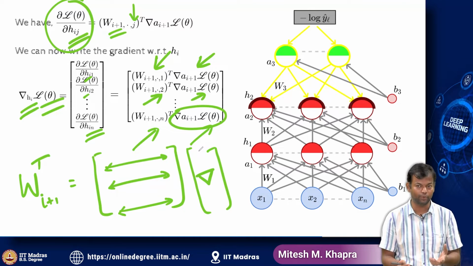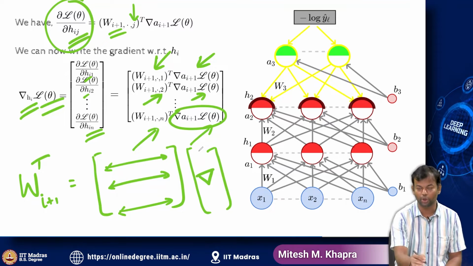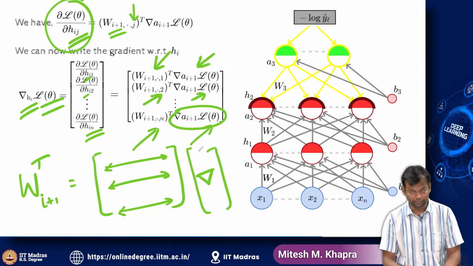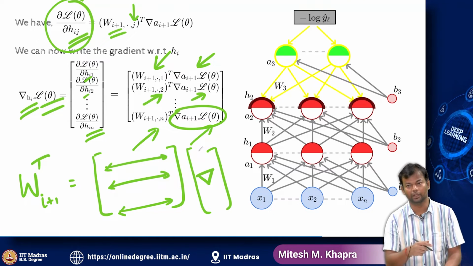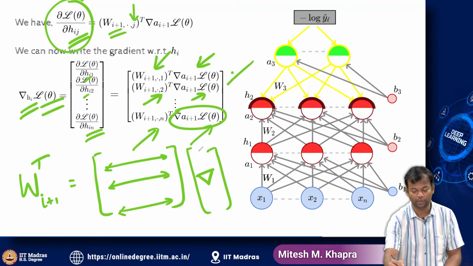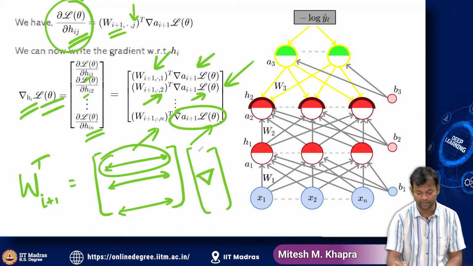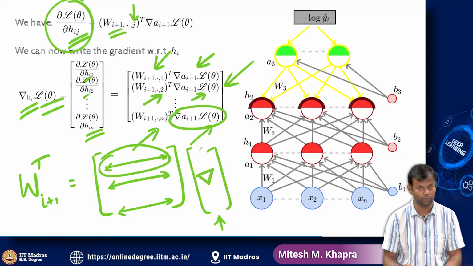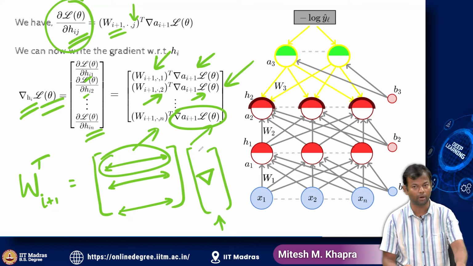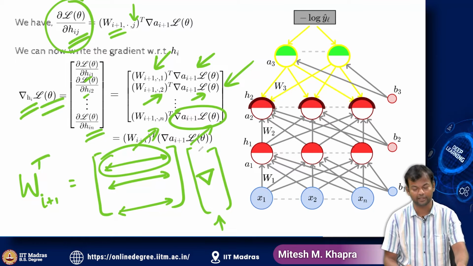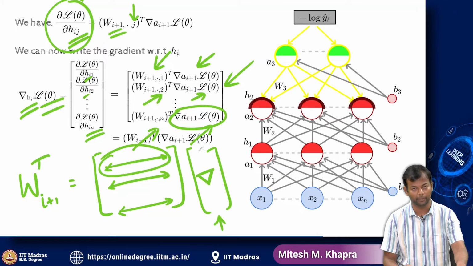So, essentially every element of this vector is the product of one row of the matrix with this gradient vector, right. So, now I can write it even more compactly. I can just write it as the product between the matrix W transpose and the gradient vector.